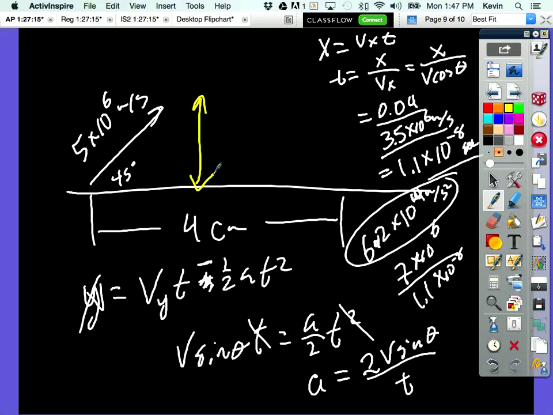So the easy way to do that, I'm thinking, is to use the fact that Vy up here is 0, when it stops on the way back down. So I'm going to say V final squared is equal to V0 squared plus 2ax. In that case, we're talking about y, so I'll just call that x because I'm being bad. I shouldn't do that. I don't want to confuse people.